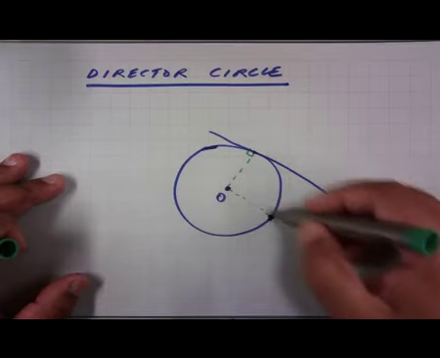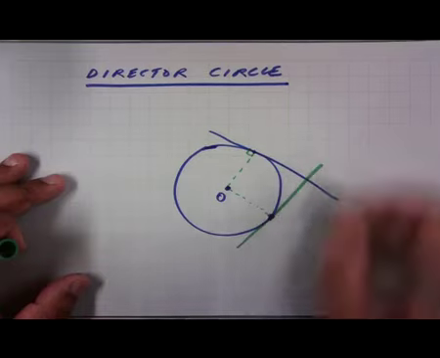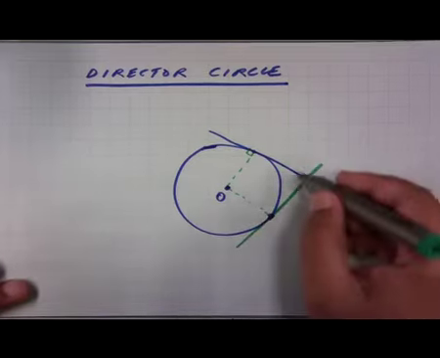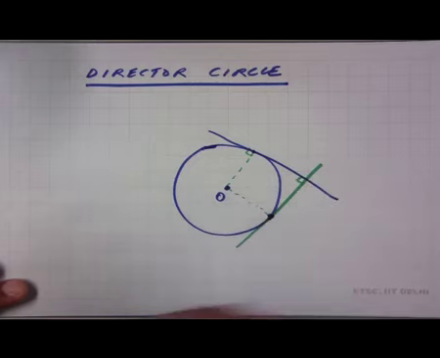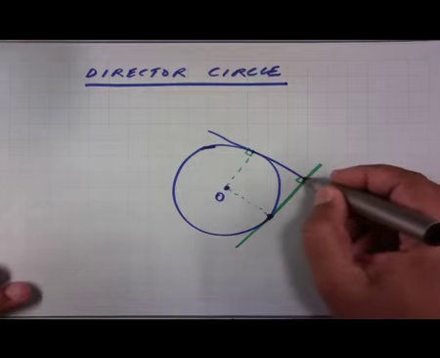So, we will make a perpendicular line to this normal. This is the other tangent, and let us say that these two tangents meet at 90 degrees. Then we are interested in the locus of these points of intersection.